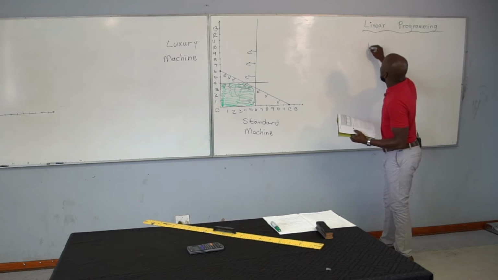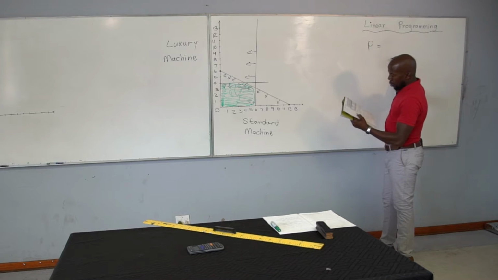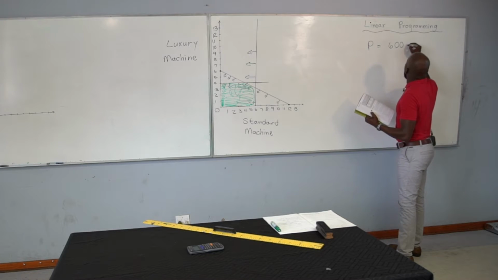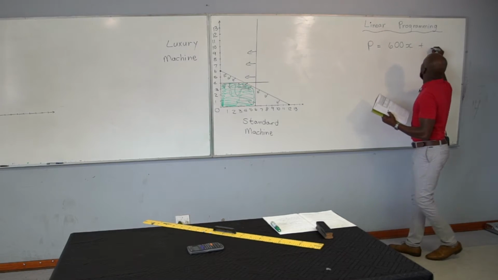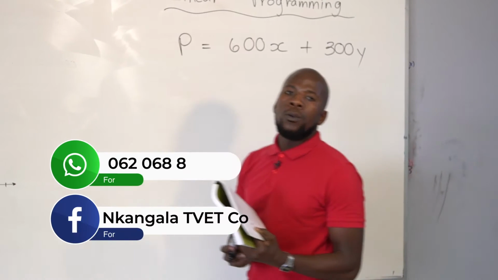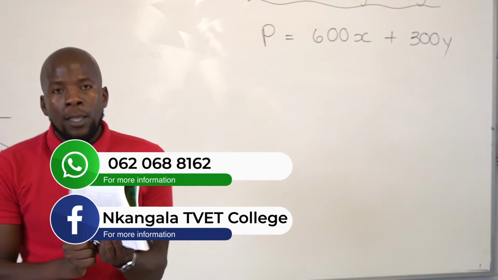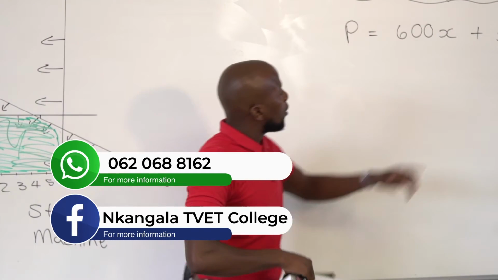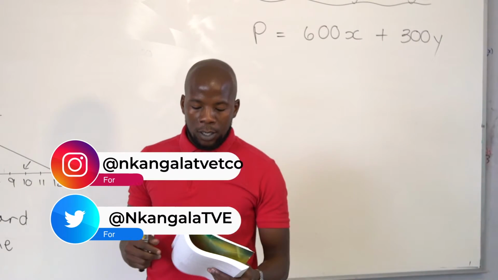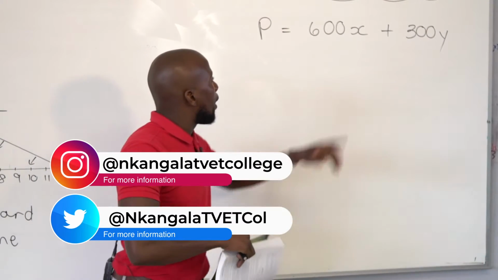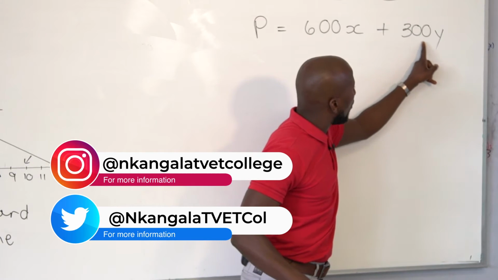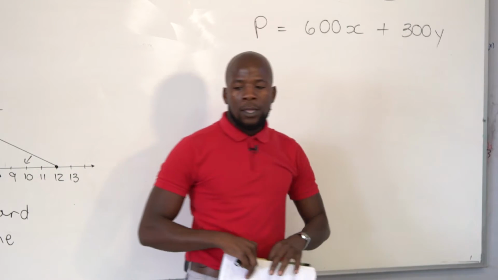In other words, P equals 600x plus 300y. Don't forget, we said X is the standard model and Y is the luxury model. So you make 600 Rand profit on the standard model and you make 300 Rands profit on the luxury model.